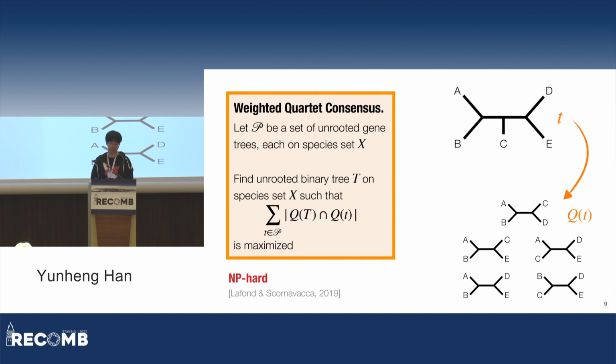We use weighted quartet consensus as a solution to species tree estimation, where we try to maximize the number of quartets displayed in the estimated species tree that are also shared by the input data set.